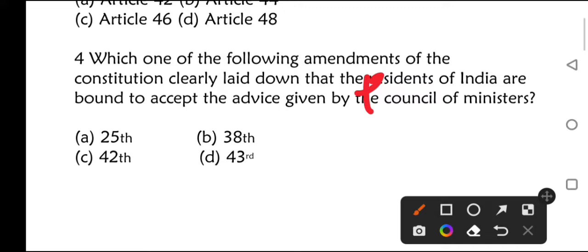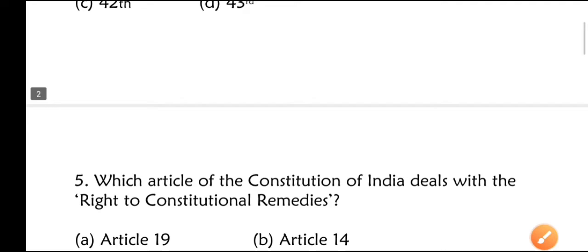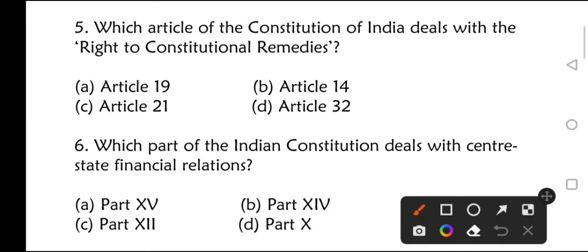The correct answer is C, 42nd. In this amendment, it was made compulsory for the President of India to be bound by the advice of Council of Ministers.